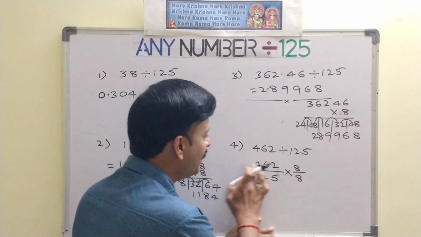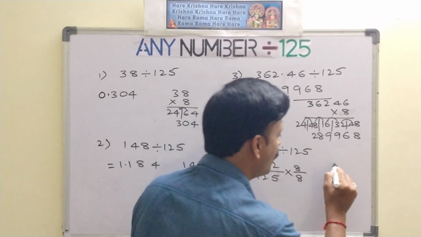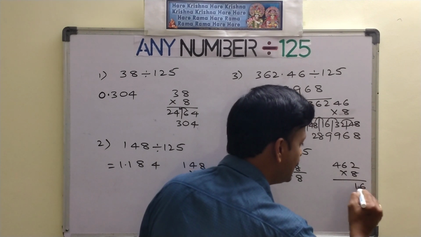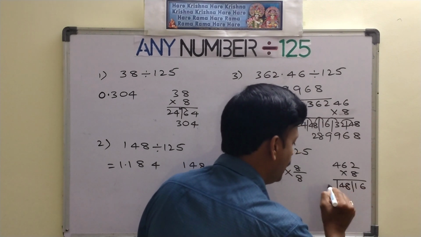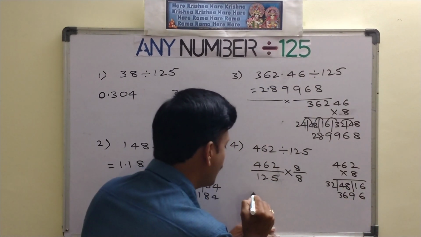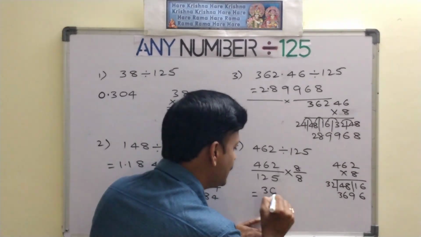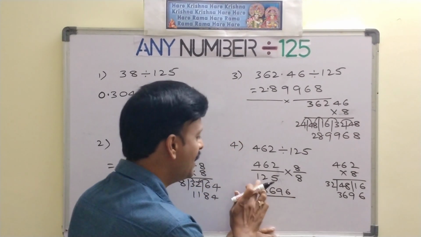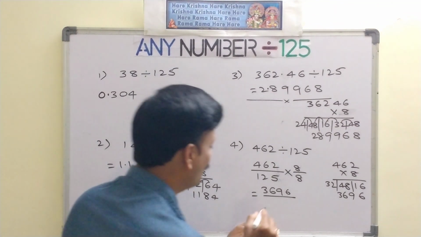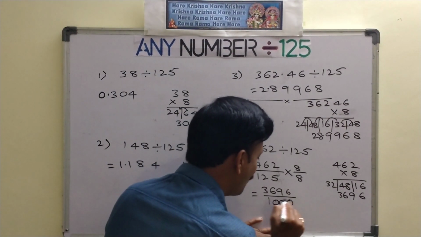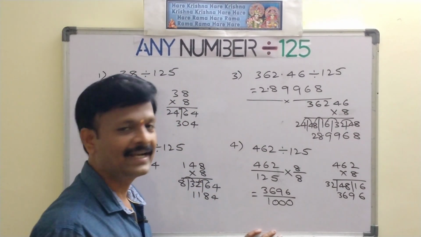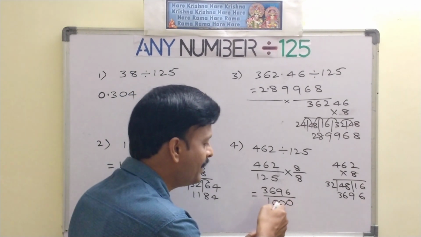So when I am multiplying 462 into 8, what happens? 8 2s are 16, 8 6s are 48, 8 4s are 32. That is 3696. So what we can write here: 3696 divided by 1000, if you multiply by 8. It is a decimal fraction. When the denominator is 1000, how many zeros are there?